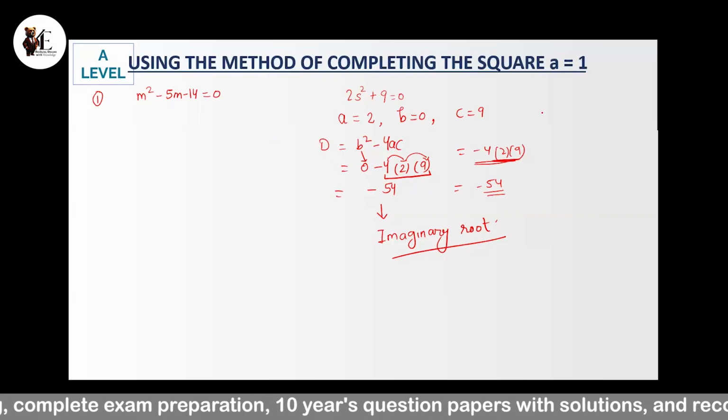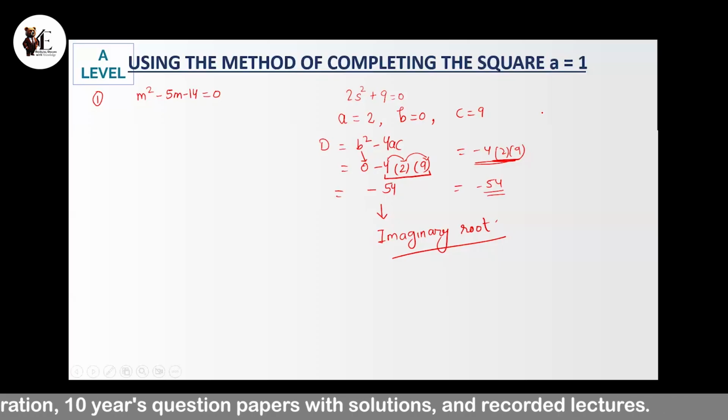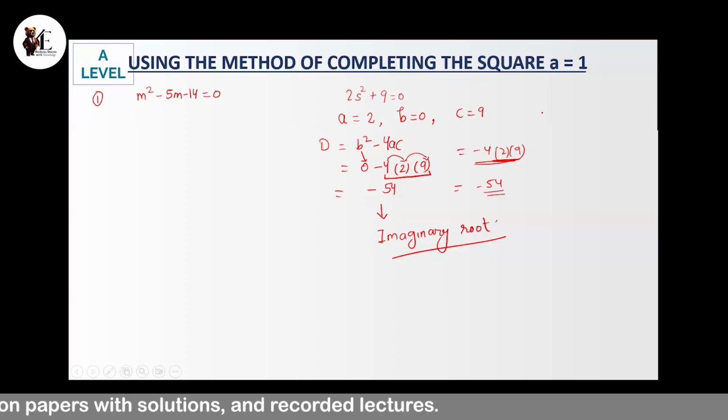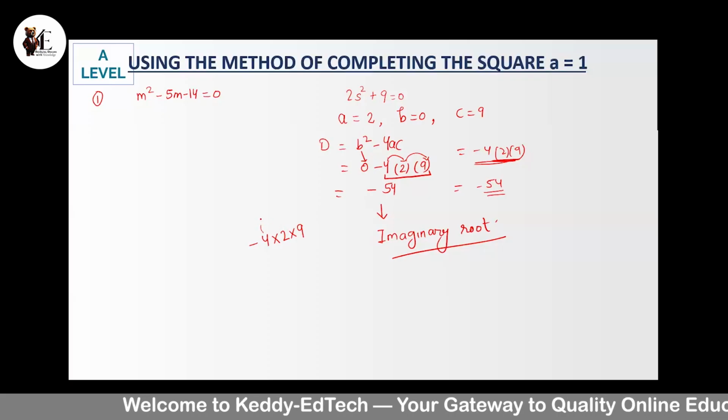So it'd be negative 4 times 2 times 9. But even on my calculator, I'm getting negative 72. Negative 4 multiplied by 2 and positive 9, right? Yes. Yeah, same thing. So I'm getting negative 72. How is this possible?